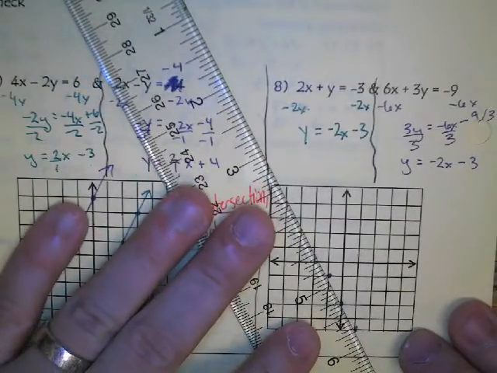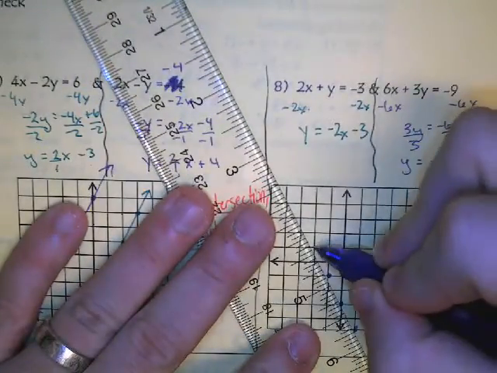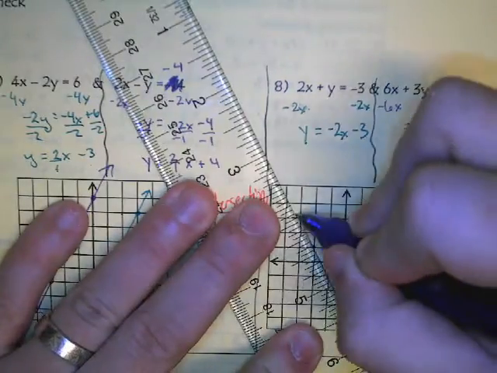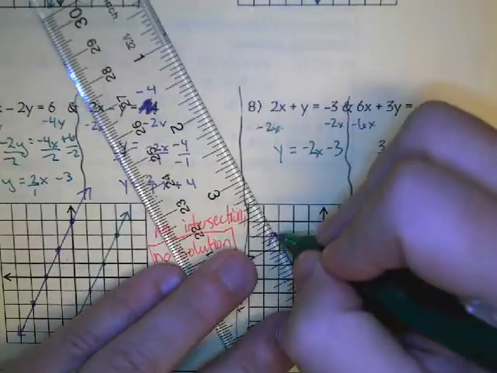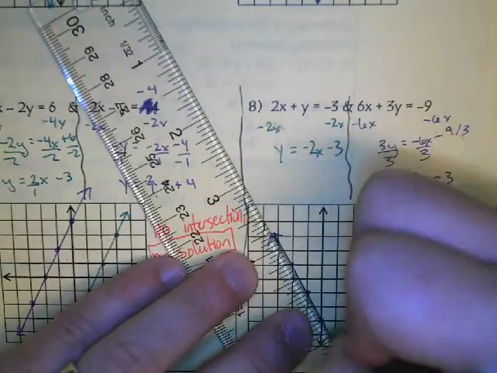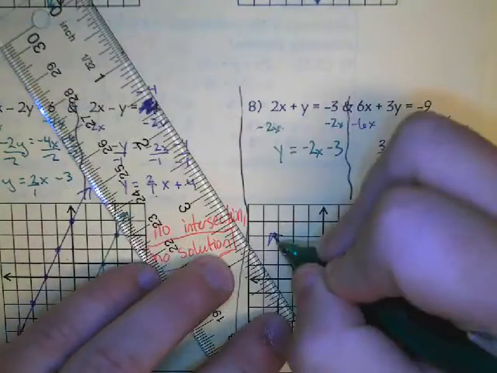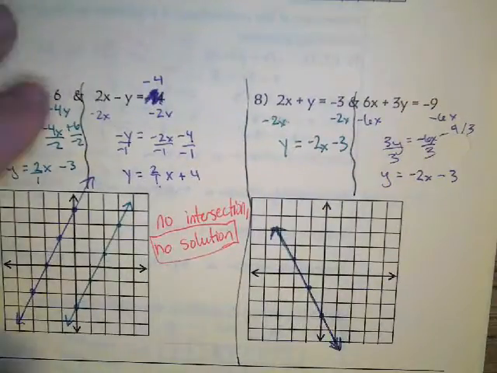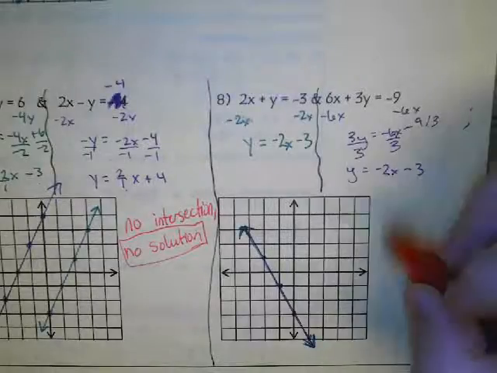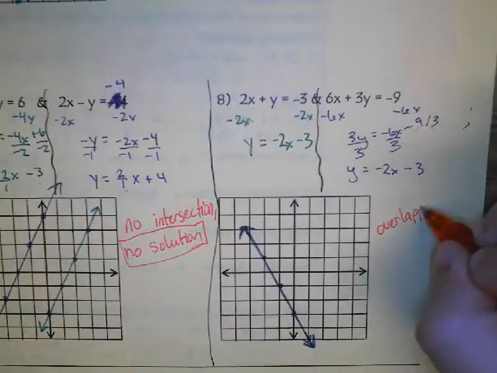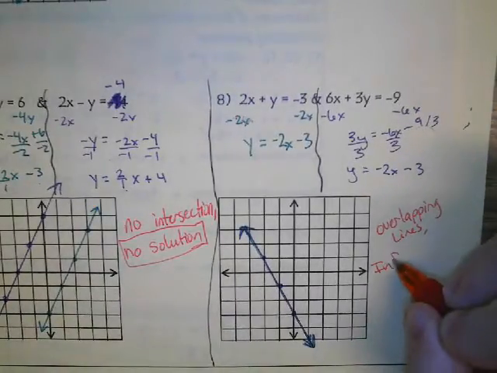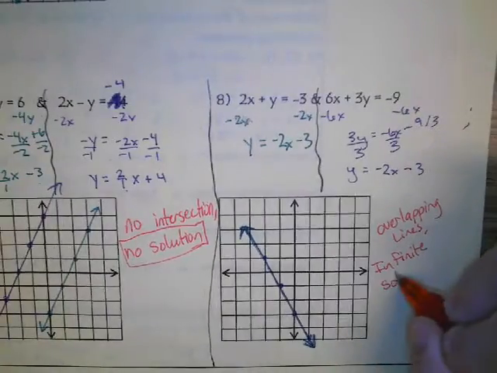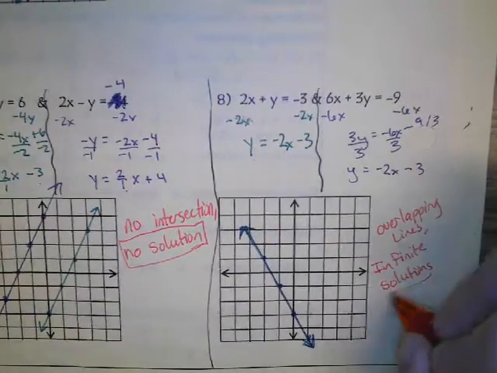So when we have overlapping lines, this is that idea when I can have infinite solutions. So we'll say overlapping lines, infinite solutions.